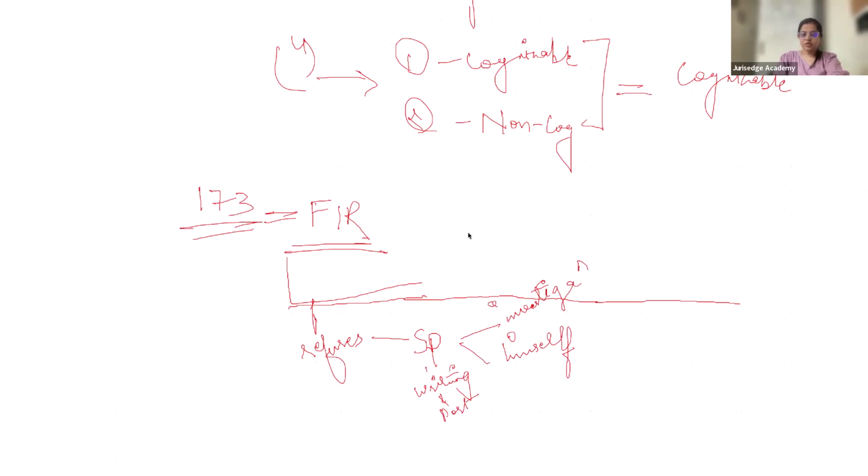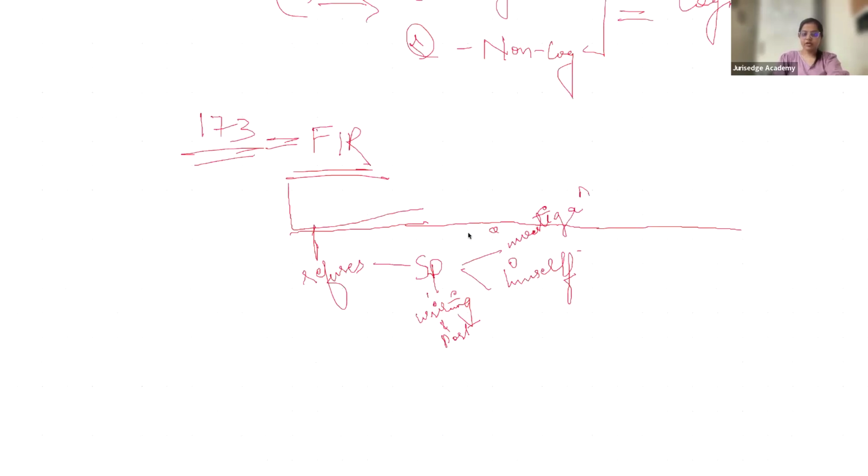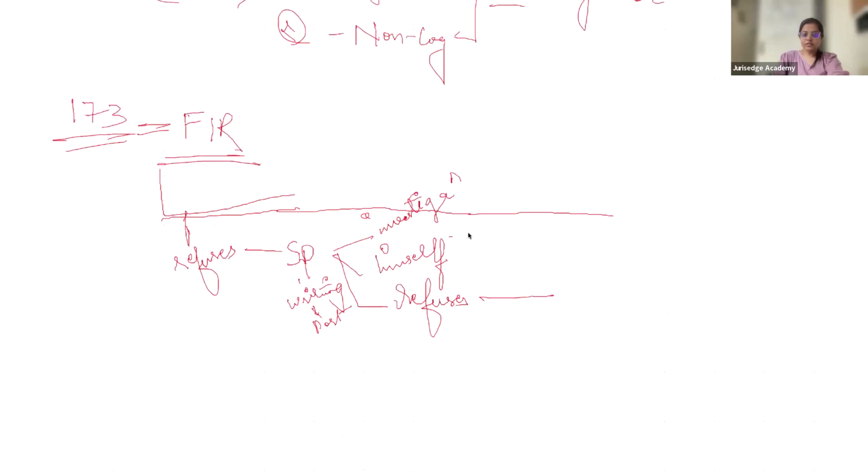But if he does not do that, if he also refuses, then it was very obvious before also, then the person will go to a magistrate to file a complaint. This is where the complaint cases are usually drawn from.